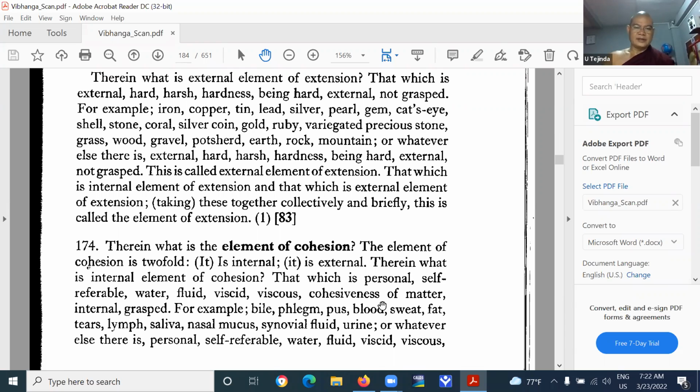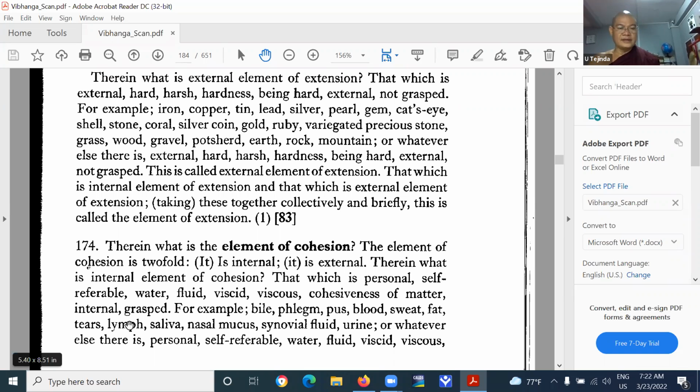So that which coheses the matters, coheses the things into one. Rupassa bandhanatta, cohesiveness of matter.